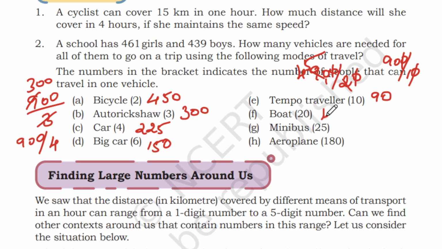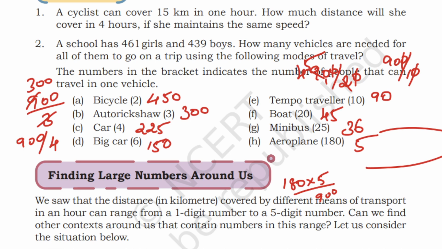So in boats 45 students can travel, and in minibus we have 25. So 900 divided by 25 is 36. And we have aeroplane, so 900 divided by 180. 5 eighteens are 900. So if you divide 900 by 180, it's 5.